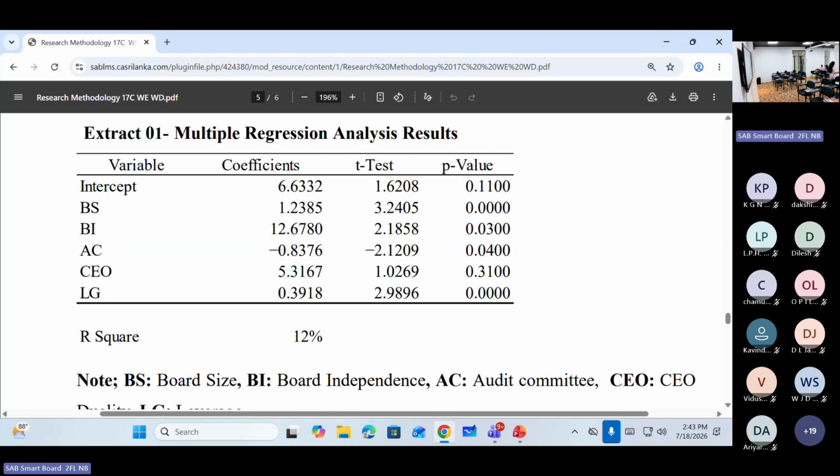Positive, right? And positive because the P value is less than 5%, and the coefficient is positive. Highlight it. Coefficient is positive.